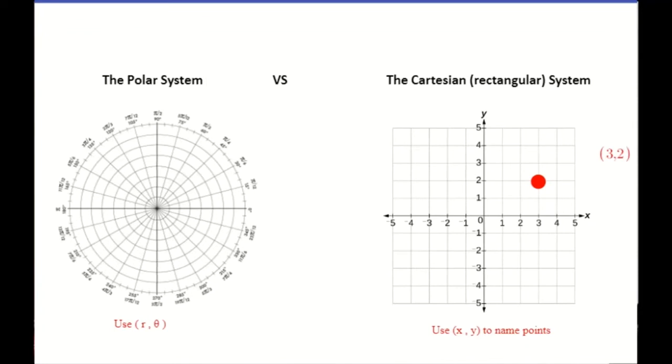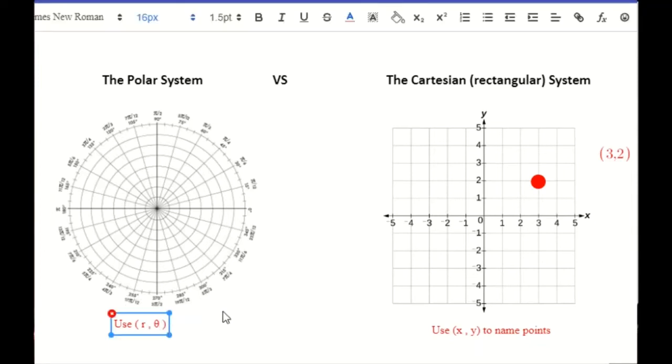Now we want to be able to locate points on the polar system as well, but it works a little differently. So instead of using x and y, we are going to use r and theta. So it might be a good idea to define what r and theta actually represent. One thing that's similar is that whether you're using the polar system or the Cartesian system, you start at the origin.